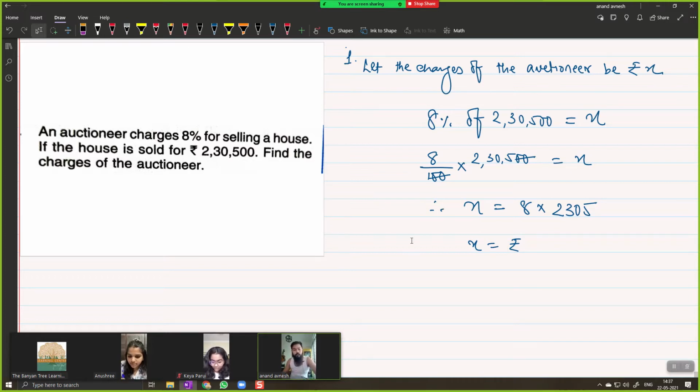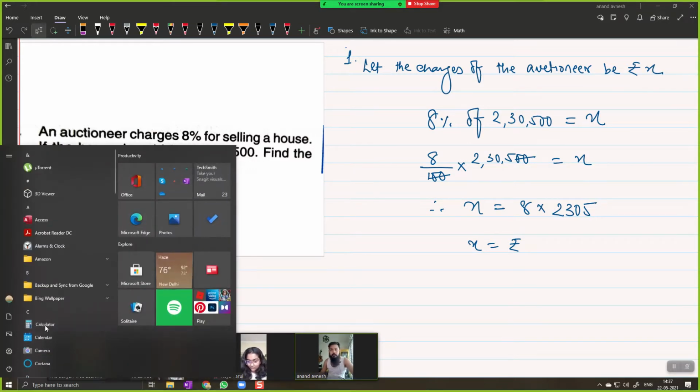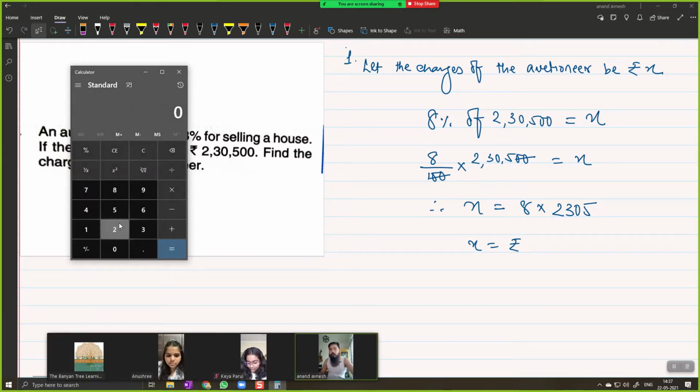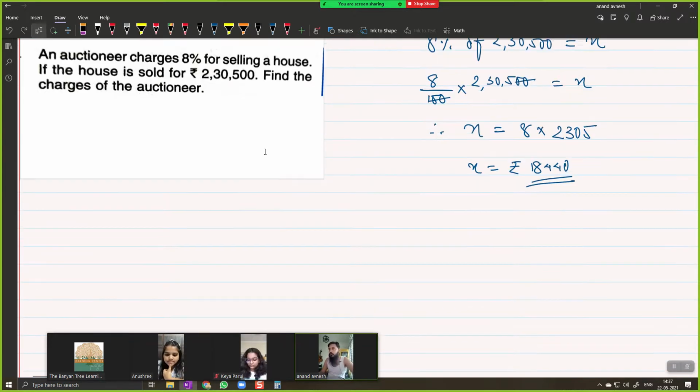Okay, I'm not sure. It could be 2,305 times 8. 18,440. Perfect. Correct. So this is the method. Very good. This was a good question, easy question.